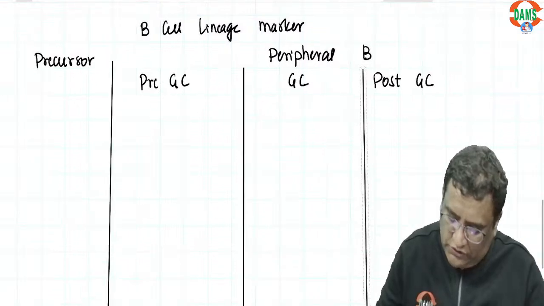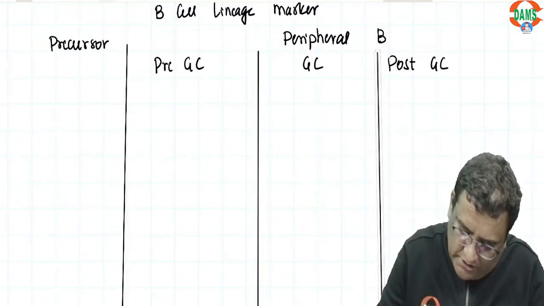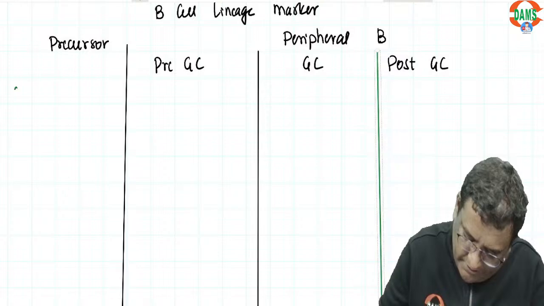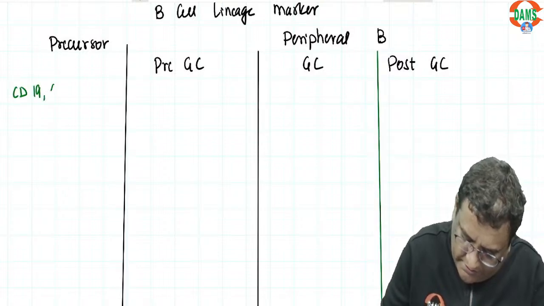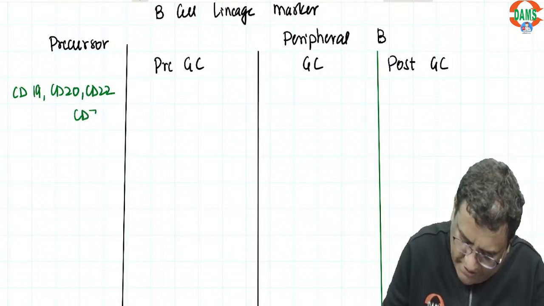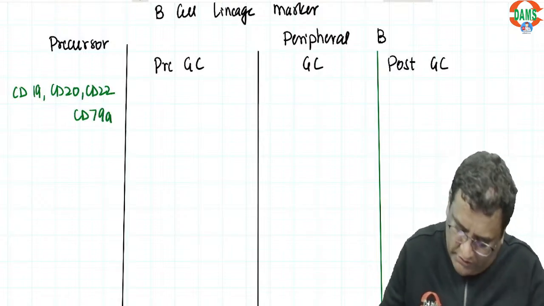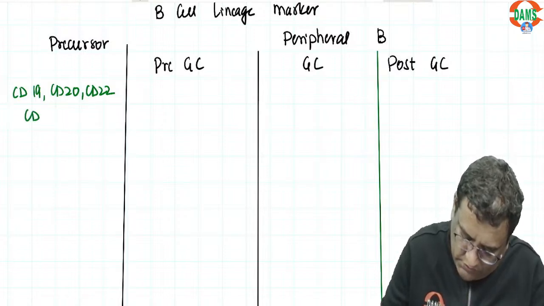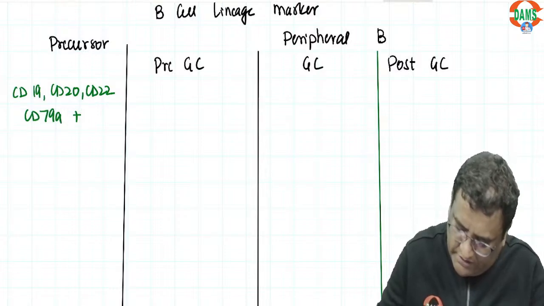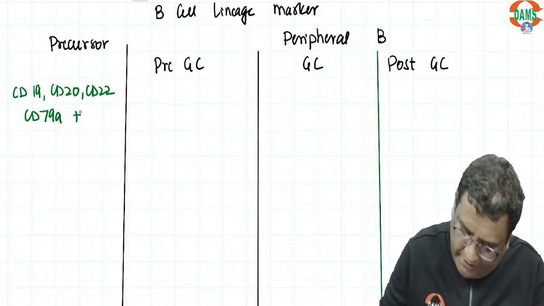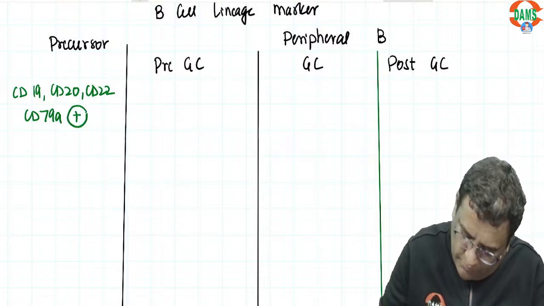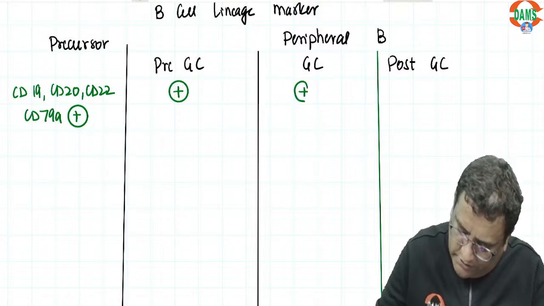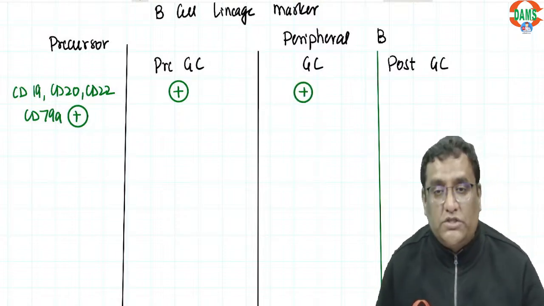Very good. Now let me start with the markers first. The first set of markers I am writing: CD19, CD20, CD22, CD79A. They are positive in precursor cells. They are also positive in pre-germinal and in germinal B cells.